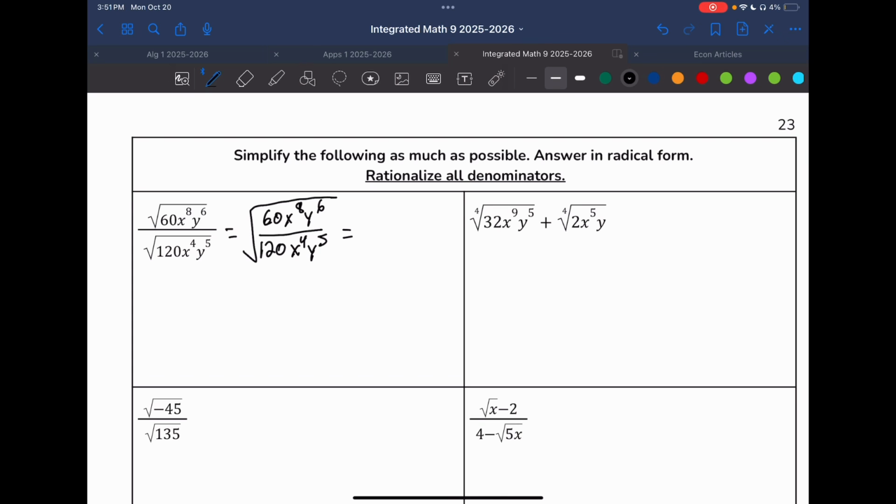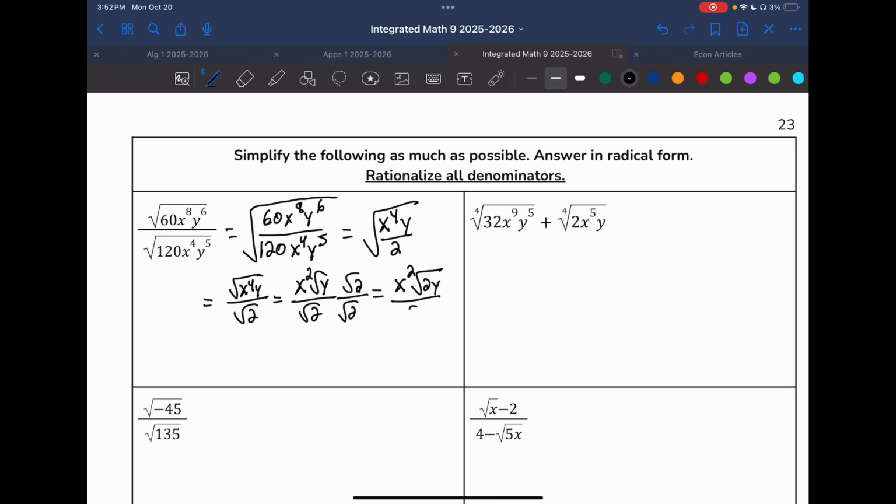So that would then become the square root of x to the 4th, y over 2, which I can then break out again into two separate radicals to be the square root of x to the 4th, y over the square root of 2, or x squared root y over root 2. And then I can rationalize by multiplying by root 2 over root 2, meaning that the final answer is x squared root 2y over 2.